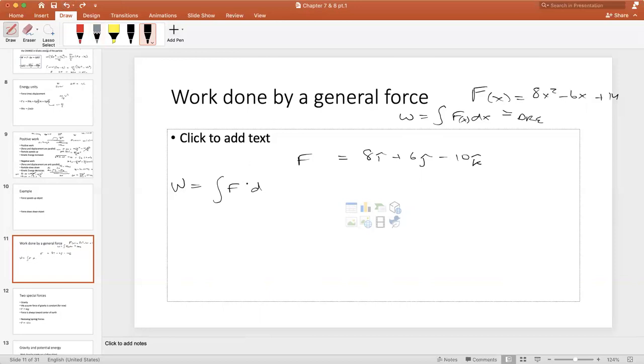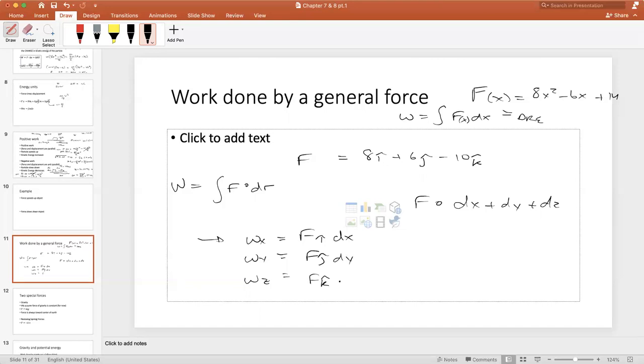What they usually do is they say F dot dr, and what that means is that you would find the work in the X, the Y, and the Z by taking the dot product of this force with dx plus dy plus dz. And when you dot that, you get the component of F in the I hat times dx, and the component of F in the J hat times dy, and the component of F in the K hat times dz.